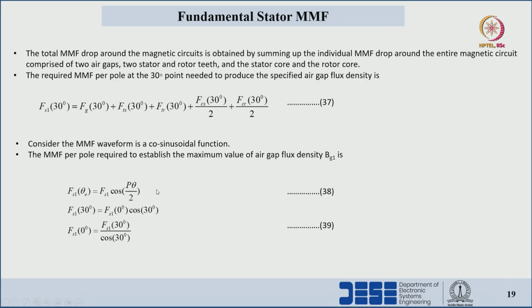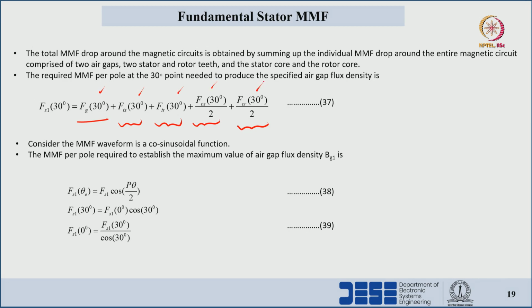So, with this we have calculated the MMF drop at the air gap, MMF drop at the stator teeth, MMF drop at the rotor teeth, MMF drop at the stator core and MMF drop at the rotor core. All these 5 variables are known.